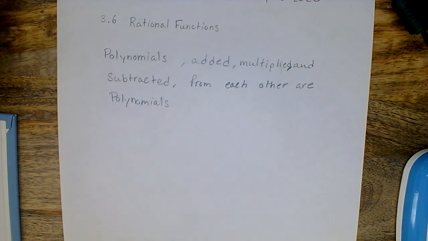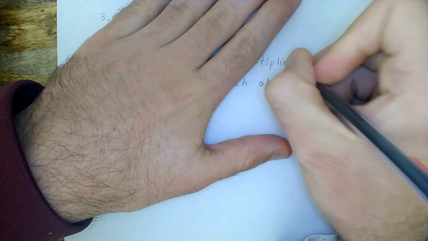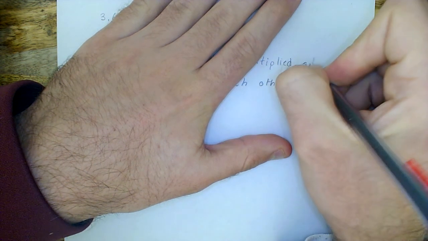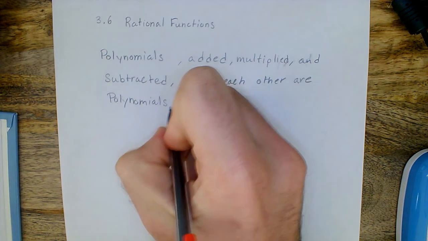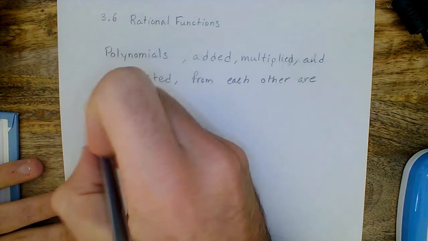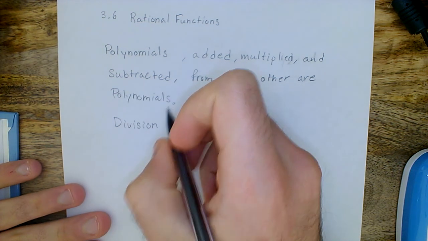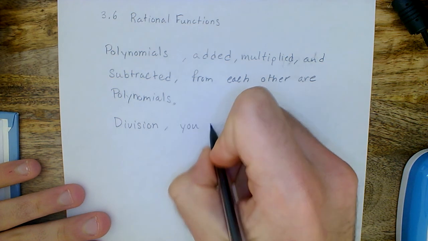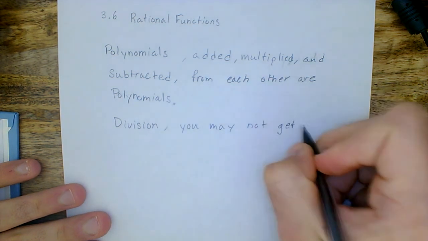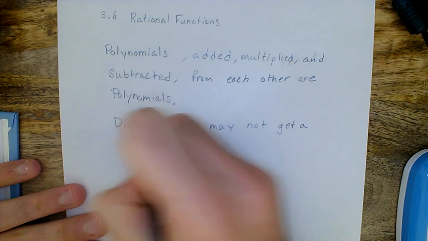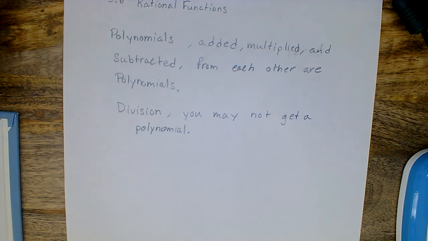If you multiply two polynomials together, it stays a polynomial. And if you subtract one polynomial from the other, you get a polynomial. Okay? The case is different for division. Division, you may not get a polynomial. Okay. So that's the idea.